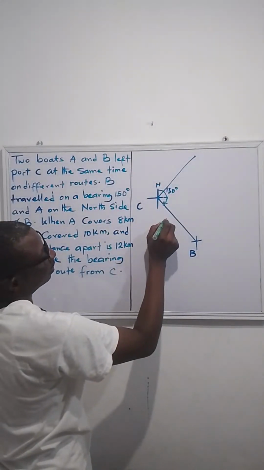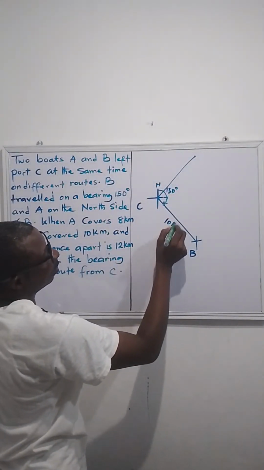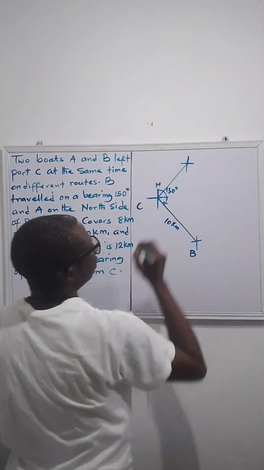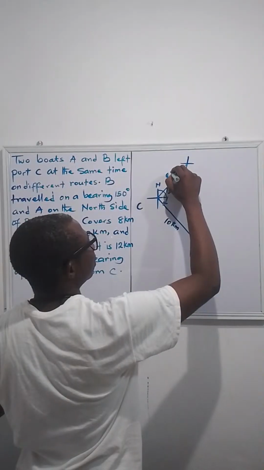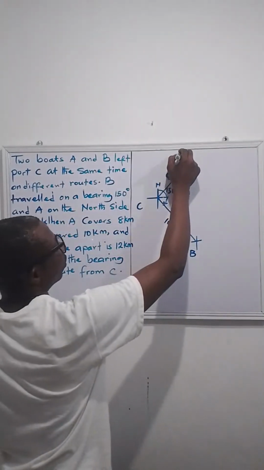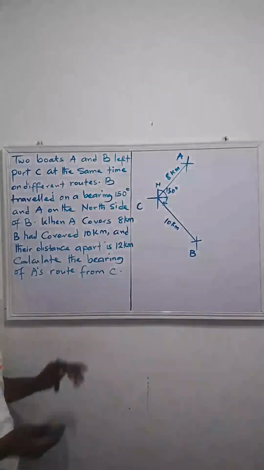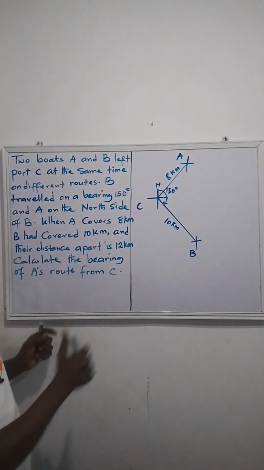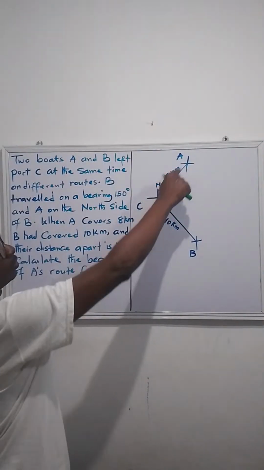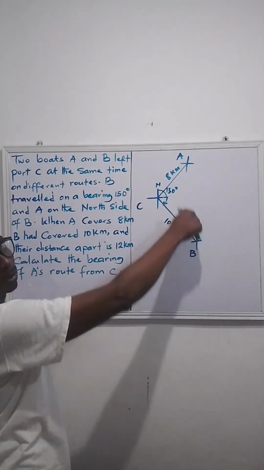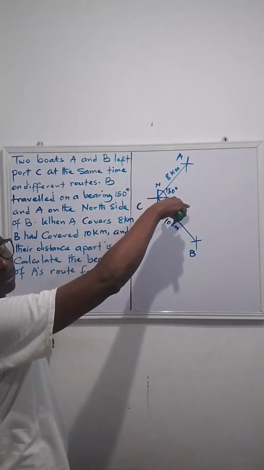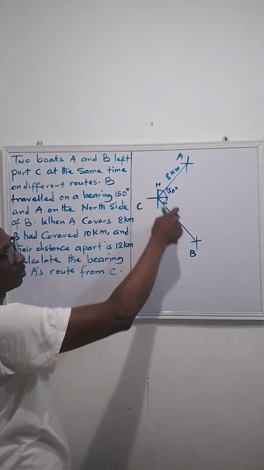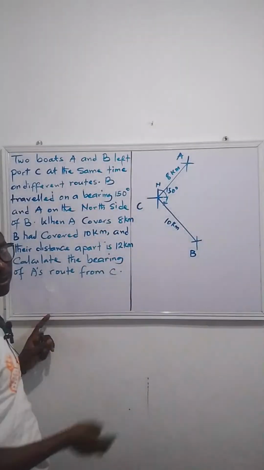So now here is 10 kilometers. Let's try and reduce this a little bit. So this is 8 kilometers, and this is point A. Do you understand that? So now A traveled towards the north of B, while B traveled on a bearing of 150 degrees.